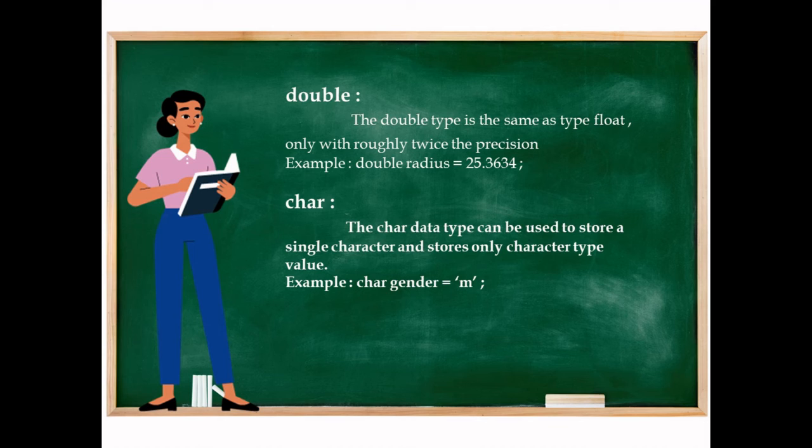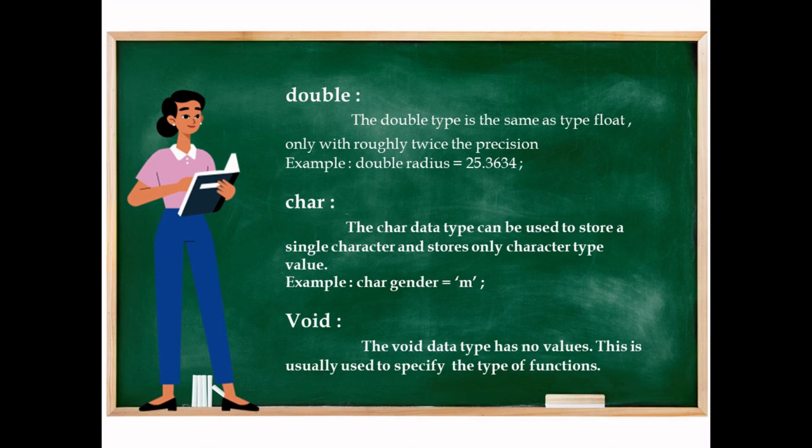Next, let us know about the void data type. The void data type has no values. This is usually used to specify the type of functions. The type of a function is said to be void when it does not return any value to the calling function. It can also play the role of a generic type, meaning that it can represent any of the other standard types.